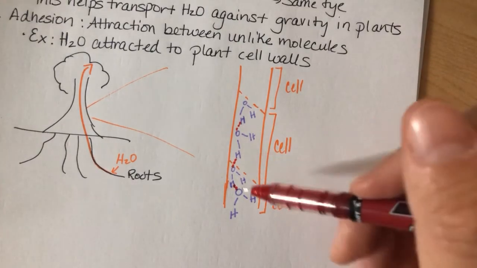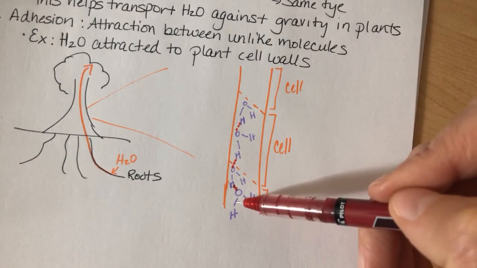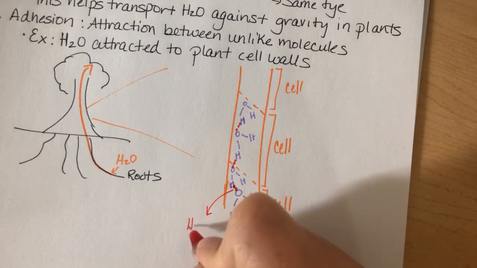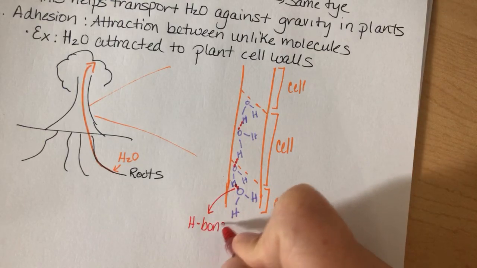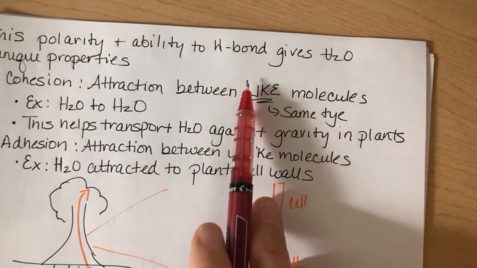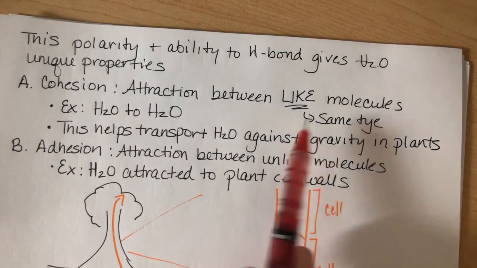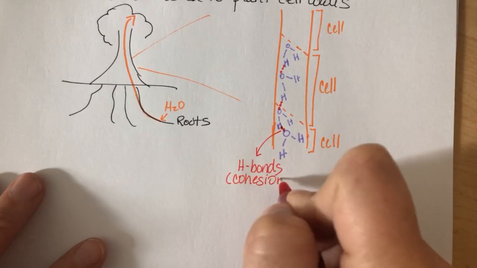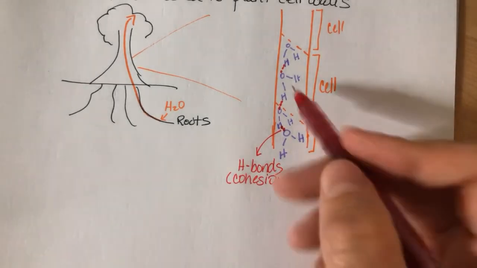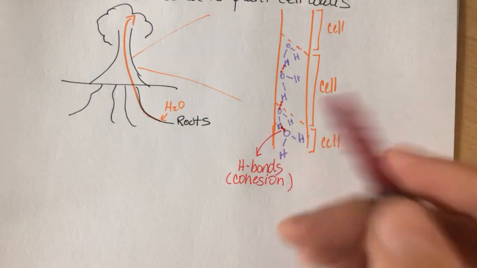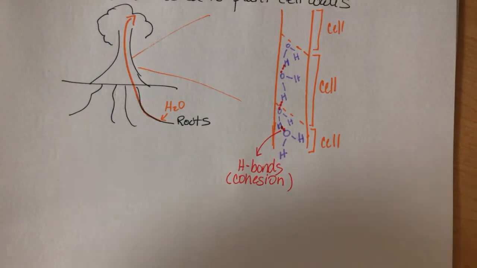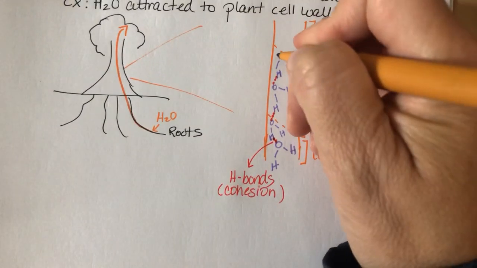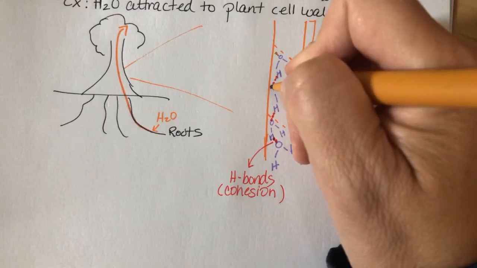So that's thing one: hydrogen bonds. The fact that water can hydrogen bond gives it cohesion, attraction between like molecules. Because of that hydrogen bond, we get cohesion going on. The other thing that you can't see here is that the oxygen is also attracted to the cell wall, so you do have some attraction of the oxygen to the cell walls.